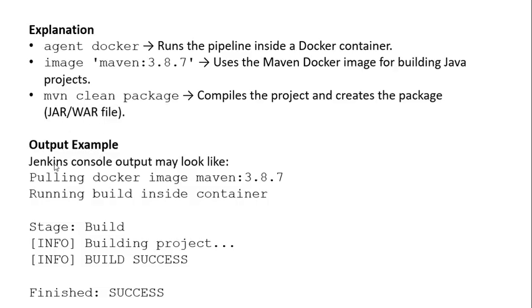The output in the Jenkins console may look like: pulling Docker image maven colon 3.8.7, running the build inside the container, stage colon build, info building the project, info build success, and lastly finish colon with a success message.